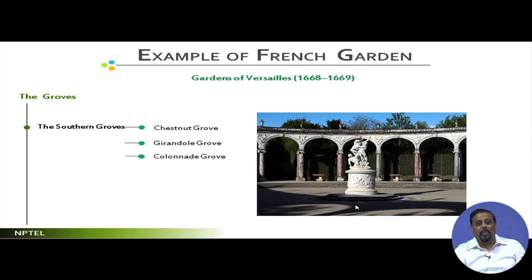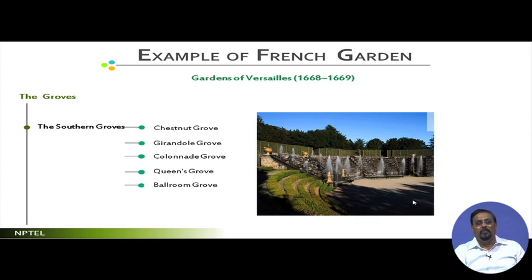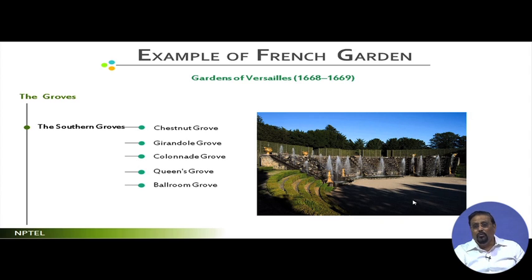Then we have the colonnade grove. Here it's a wonderful blend of architecture and landscape. In the foreground we have a plaza, then the colonnade, and behind we have a series of plantations which is a grove. So this is the colonnade grove; that's what gives it its identity. And then we have the Queen's Grove, then the Ballroom Grove.